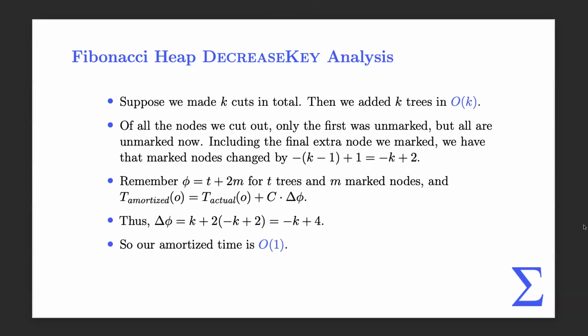So the amortized time is constant, because we have a minus k in here, and the actual time it took was just the time to cut out each of the trees. And kind of hand wavy, the constant lines up with the potential function, so it cancels out.